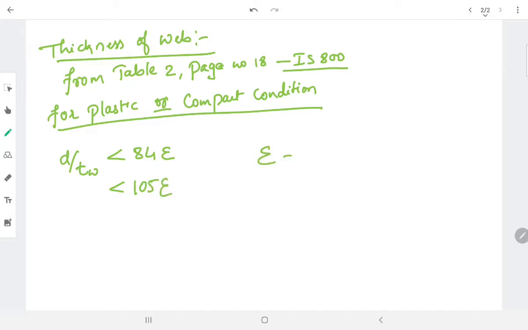So epsilon equals 250 divided by fy raised to 1 by 2.